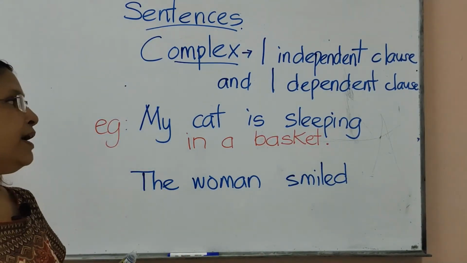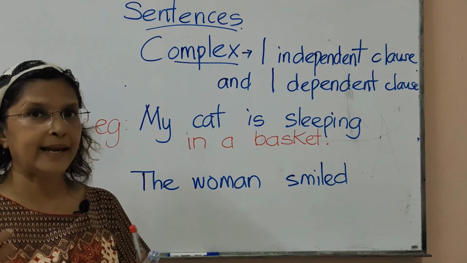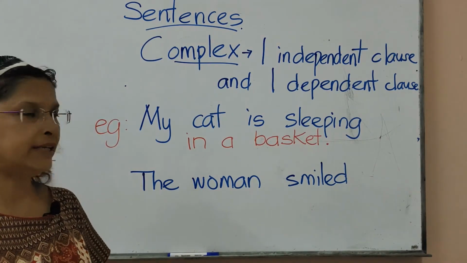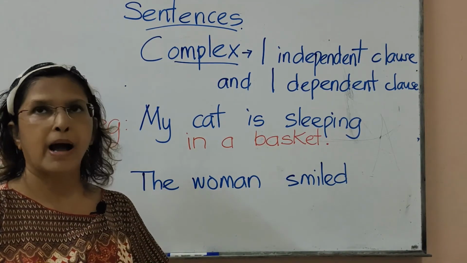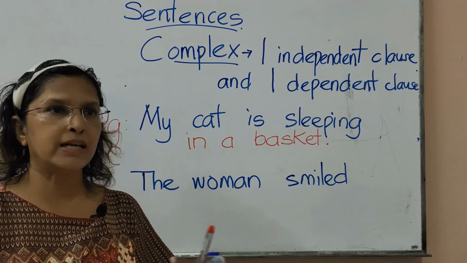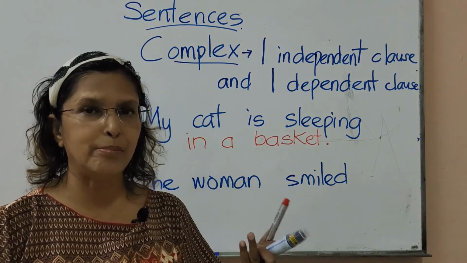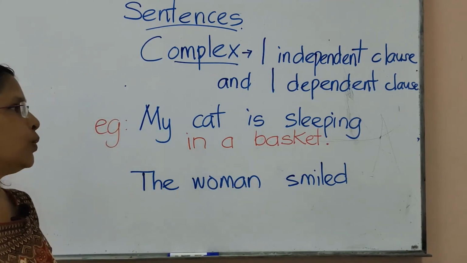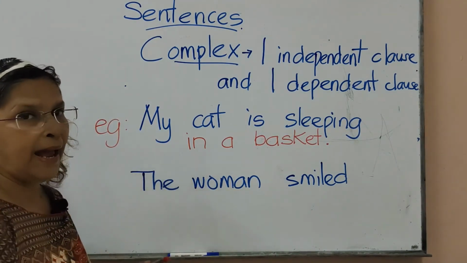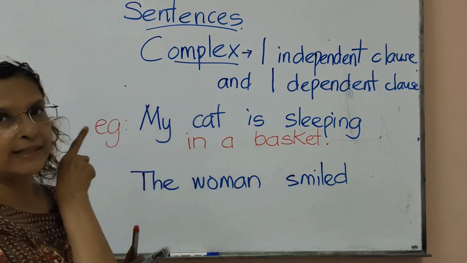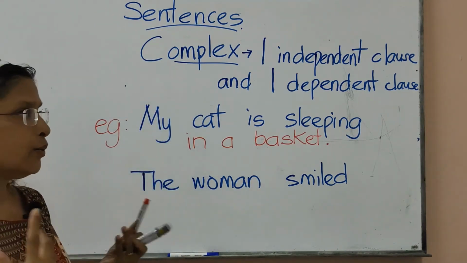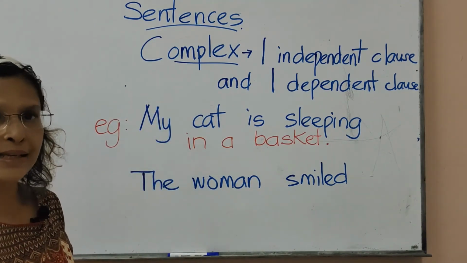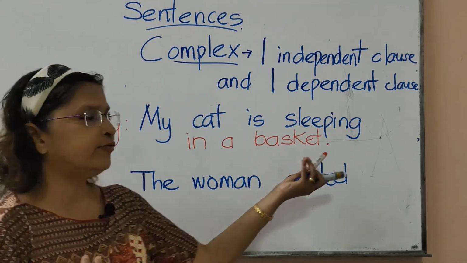Okay, now if I say my cat is sleeping, I can add a full stop there. But if I just say in a basket, is there a meaning to that? No. So that is a dependent clause. So this one depends on the first sentence there. My cat is sleeping. Where? In a basket. And then you can add a full stop there.